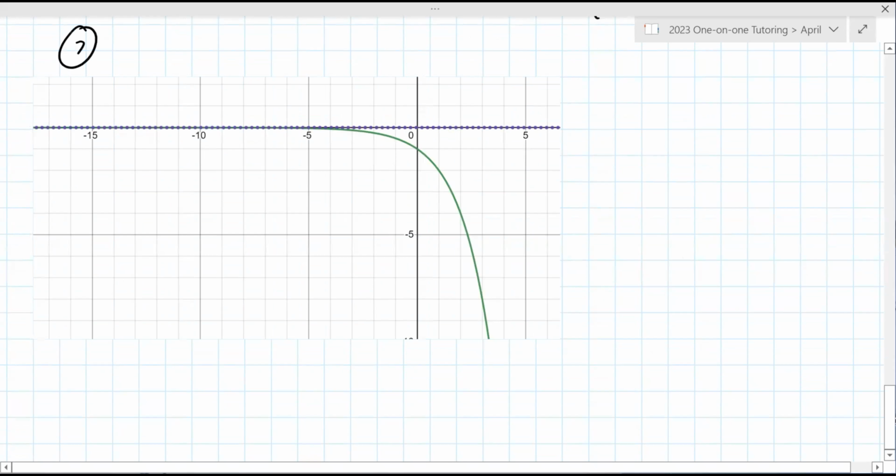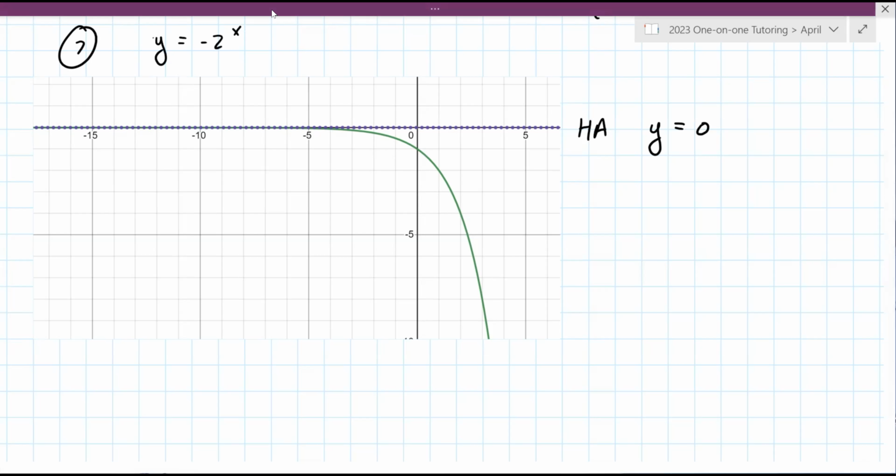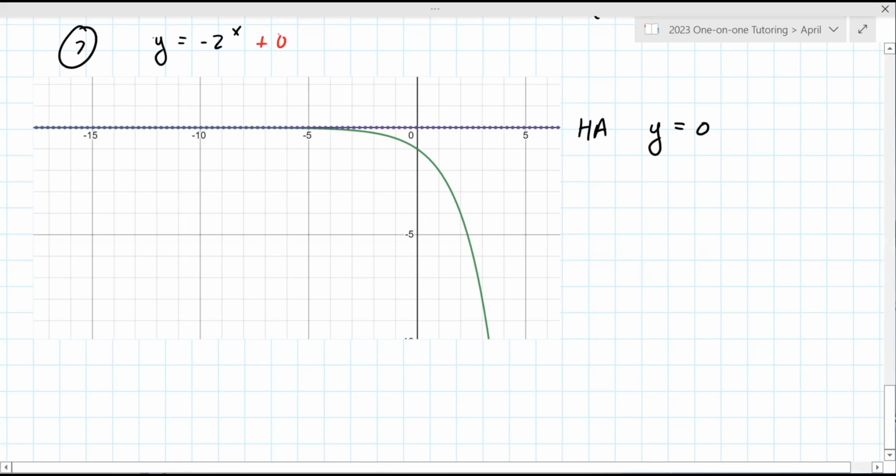The purple line here is the horizontal asymptote. The equation is y equals 0. How do I get that? The original graph is y equals -2 to the x. There's really a +0 off to the right that's not written. That's what the horizontal asymptote is. It's whatever number is written off to the right here.